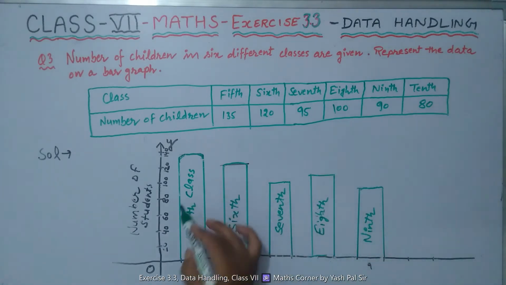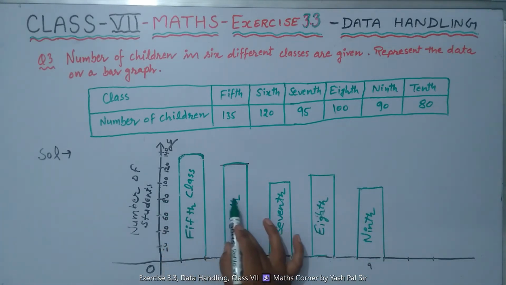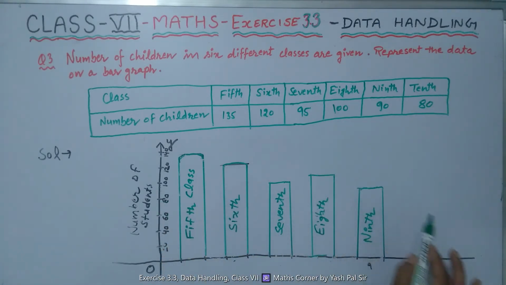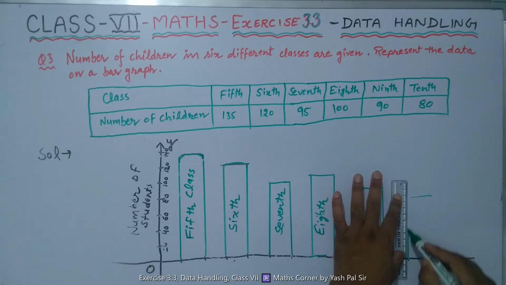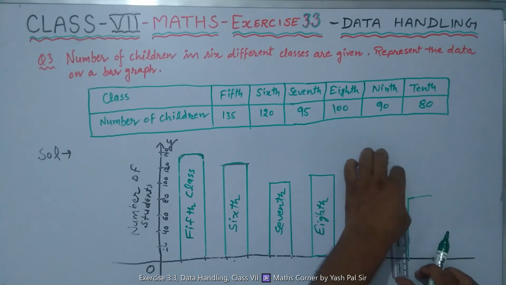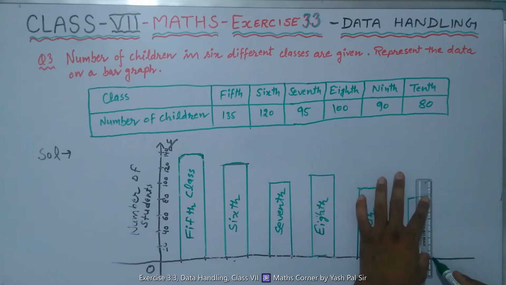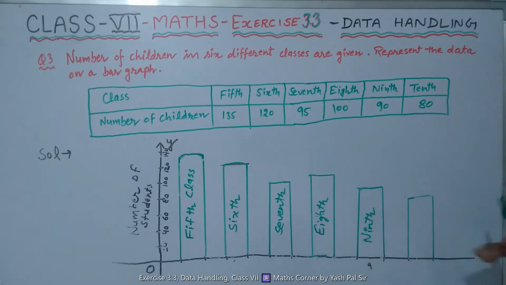For 10th, this is 80. 80 means below 90. So approximately here we have the bar graph like this. We are joining the lines for class 10th. Okay, so on x-axis we are writing class.